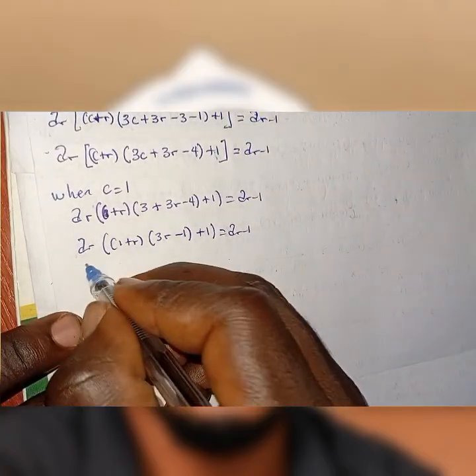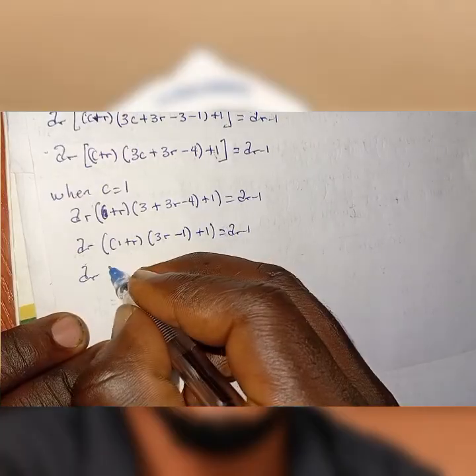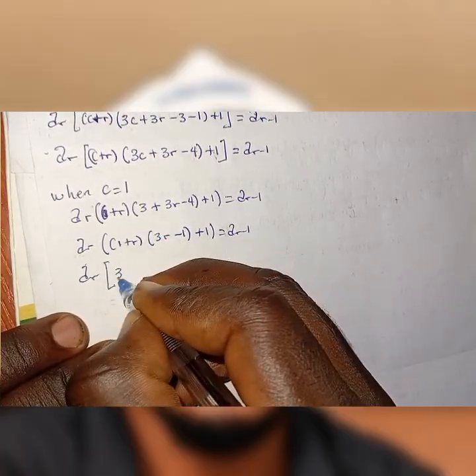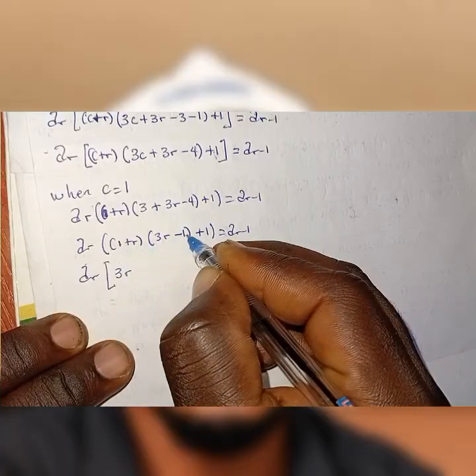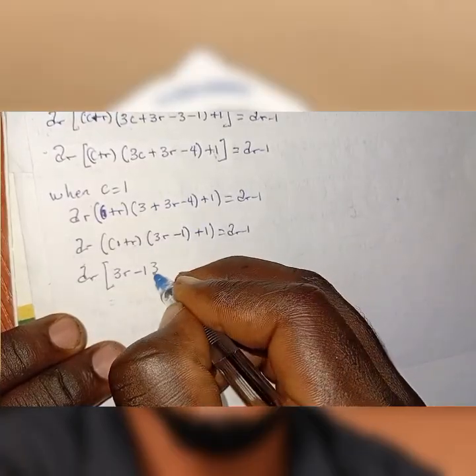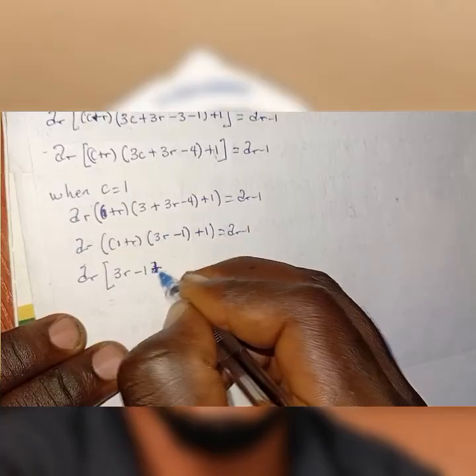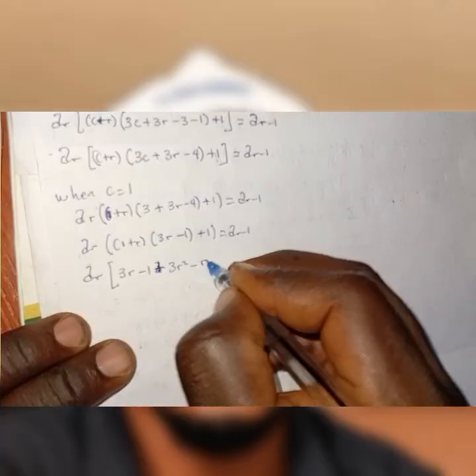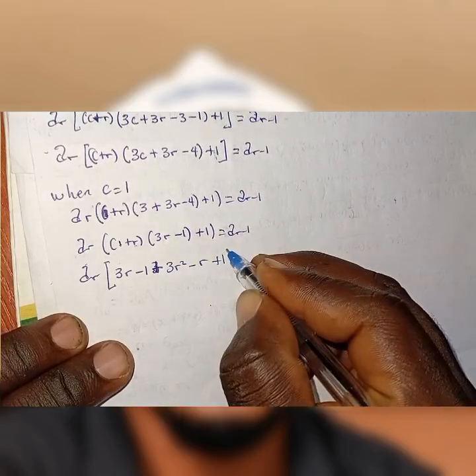Then if I solve for that, let's open up the bracket. So I have 1 times this, so I have 3r, 1 times this, minus r, 3r times this, I have 3r squared, r times this, I have minus r plus 1. This one now.